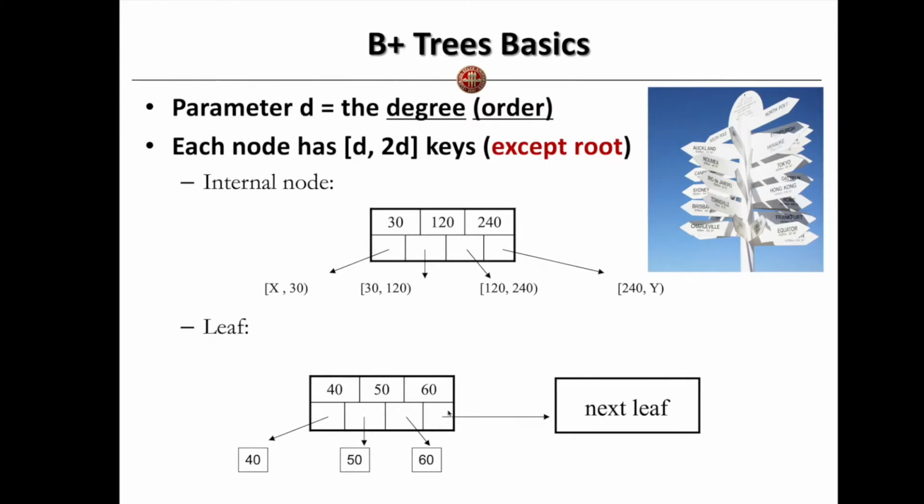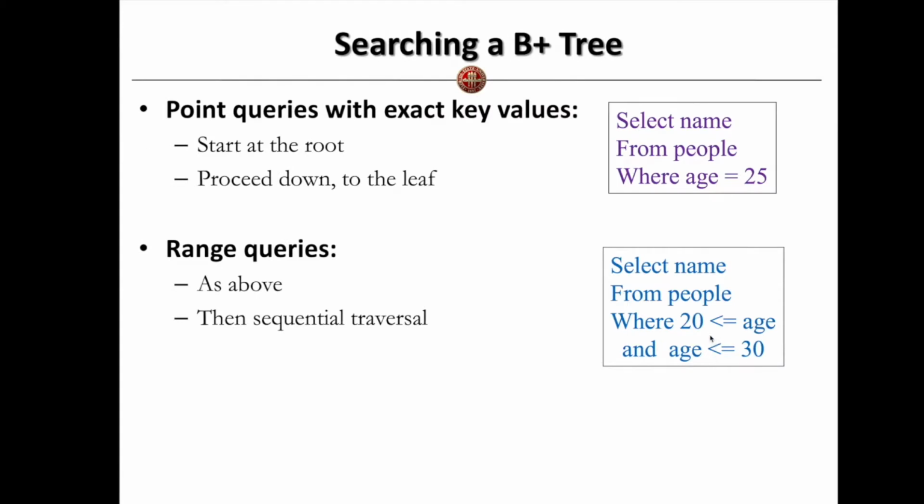In other words, if we find tuples matching our condition, we can just go right to find more tuples whose value is larger than the current value. We can access until the age is greater than 30, and we return all the tuples we have reached in the traversal process.